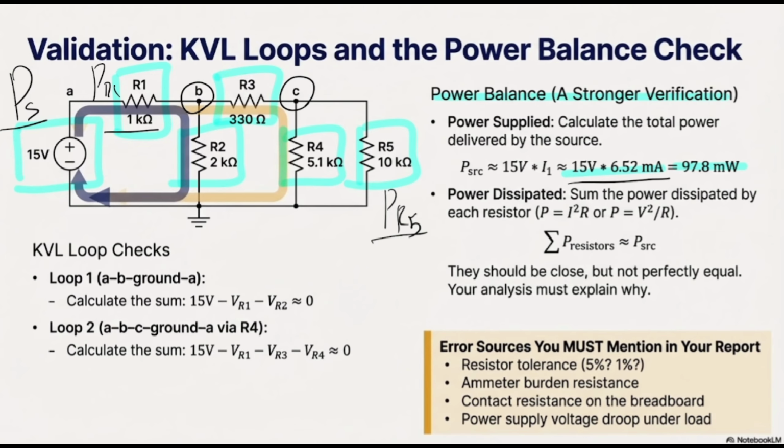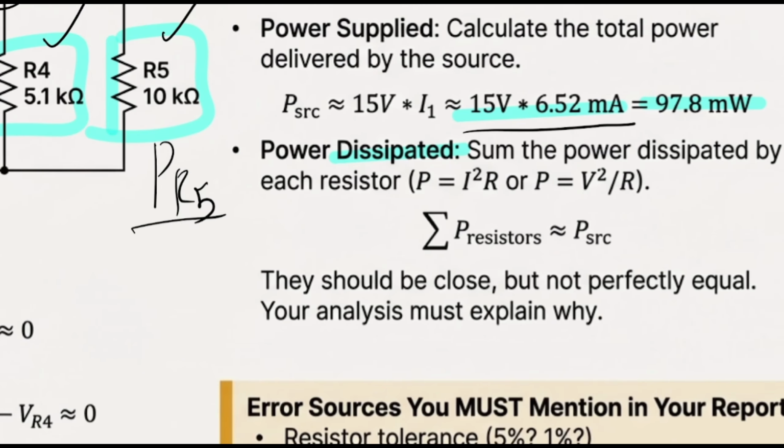So the power dissipated or the power consumed is the accumulation of all of the power that you have inside all of your resistors. At this point, as you can see, I have R1, R2, R3, this one, and this one. For finding the power consumed, I can use this formula if I have the current, or I can use this formula. Doesn't matter.